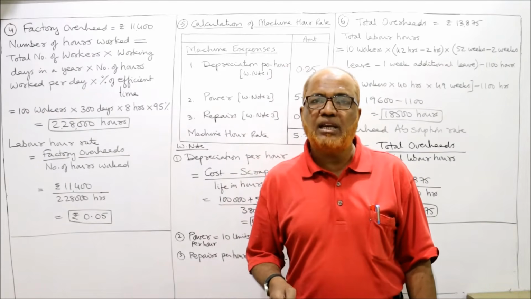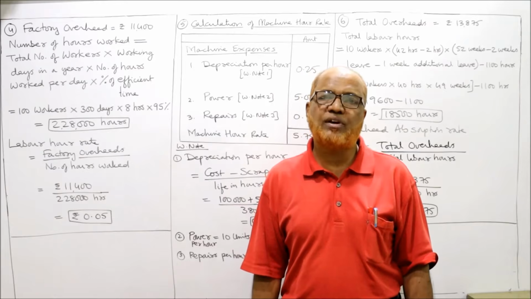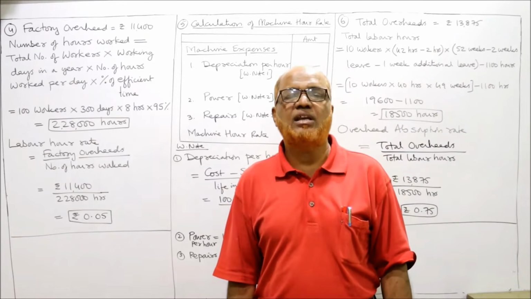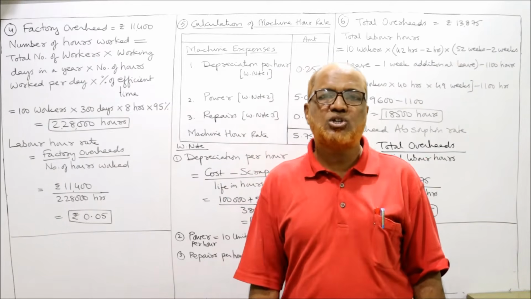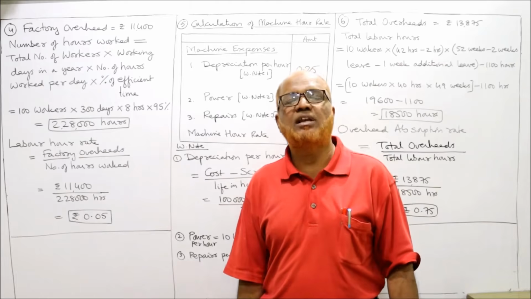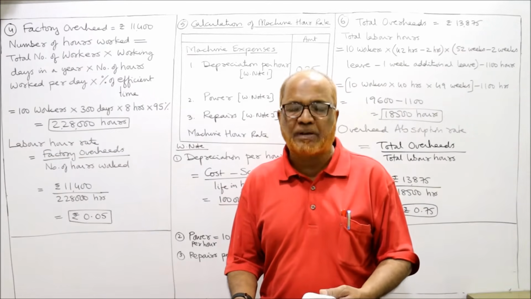If the life is given in years, then depreciation is a standing charge, fixed expense. If the life of the machine is given in hours, then depreciation is a machine expense, variable expense. Here the life of the machine is given in hours, so we take depreciation as a machine expense.